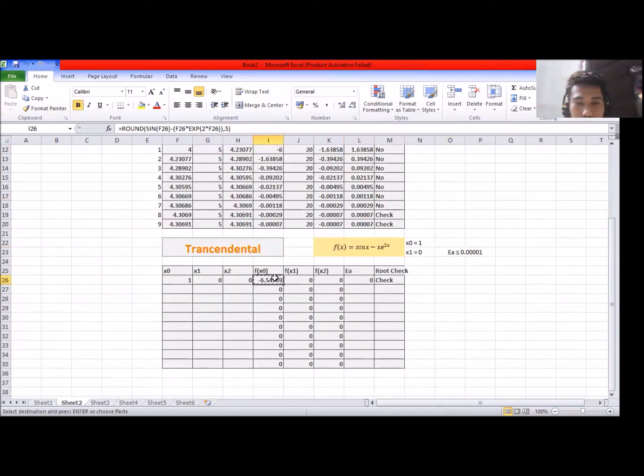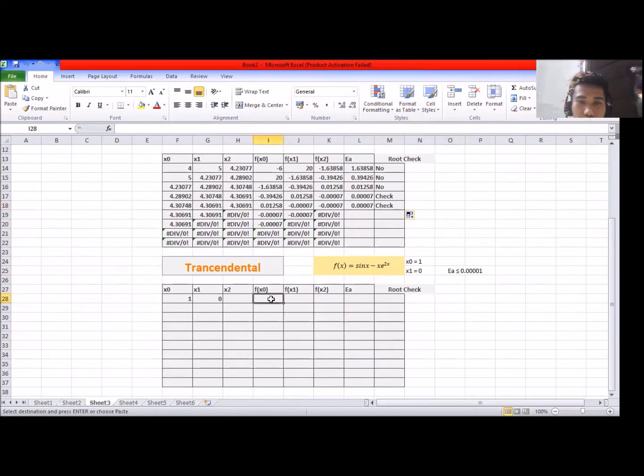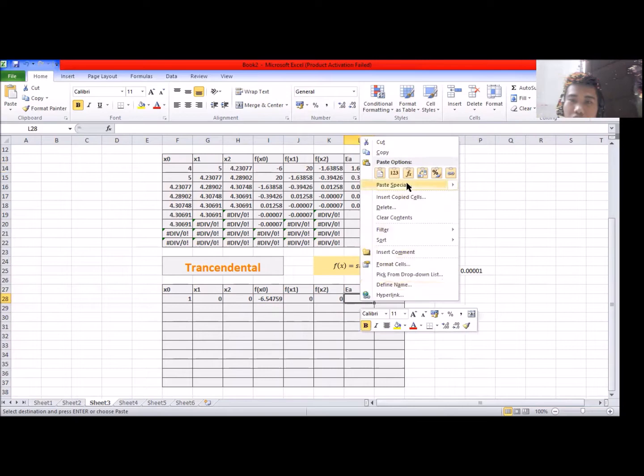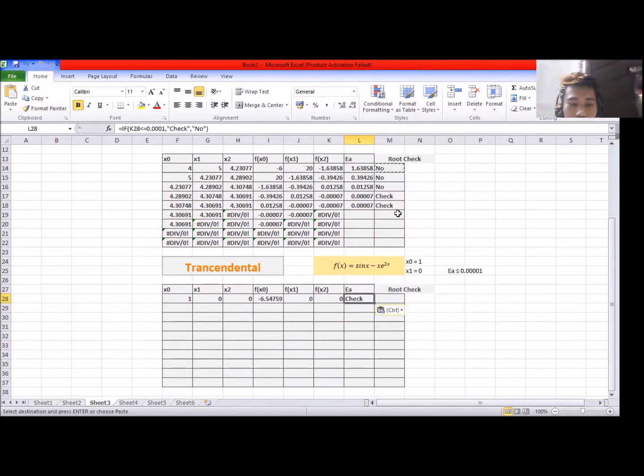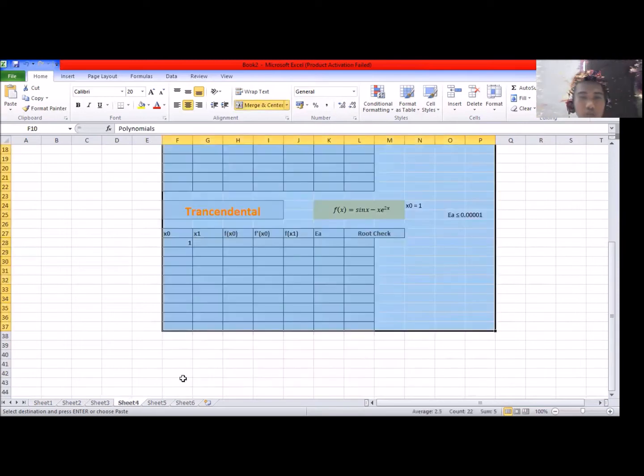Then here we get the estimated root in the first iteration. So let's move on to Newton's method.